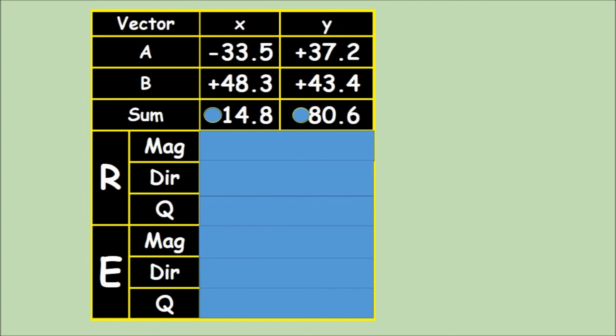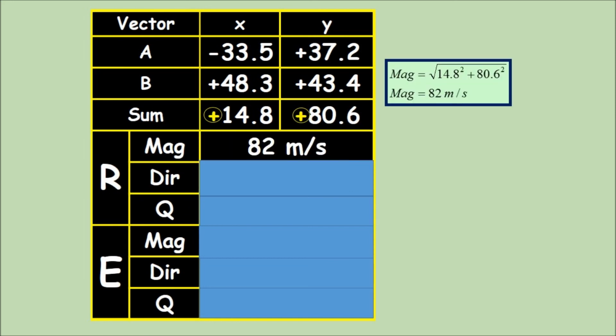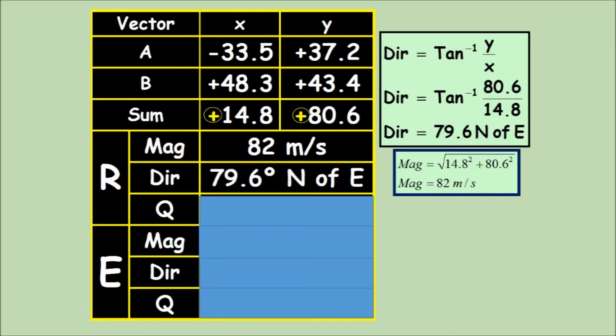And there's the sum for each, and then you see that the sum is 14.8 and positive 80.6. Using the Pythagorean theorem, that's going to be 82 meters per second, and then the direction is going to be 79.6 north of east.